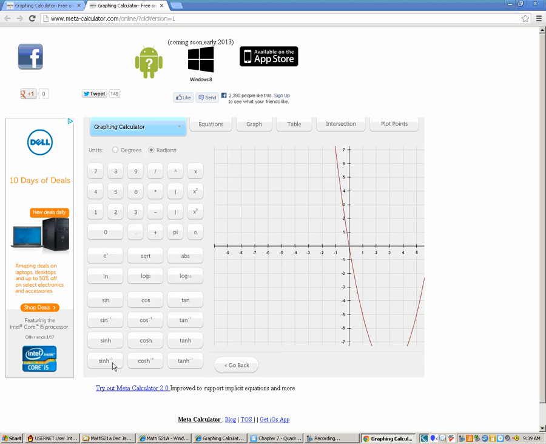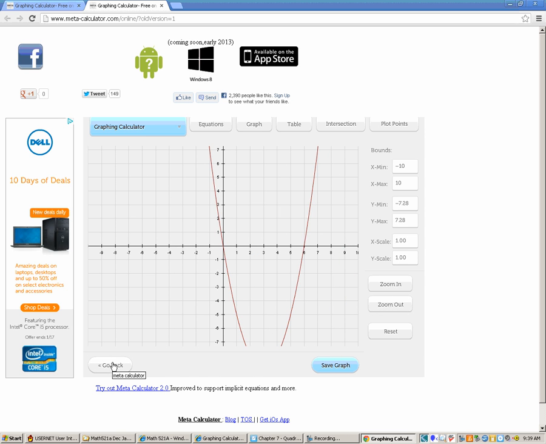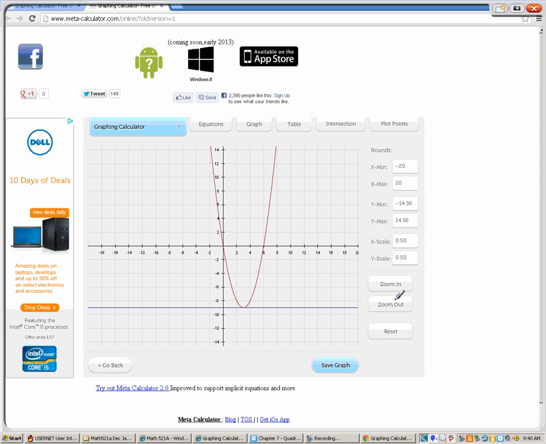Okay, so we're going to graph the two. We might need to zoom out. So how many solutions are there? There should only be one solution, and that would be at the vertex where they're going to cross. So we're going to find where they intersect.